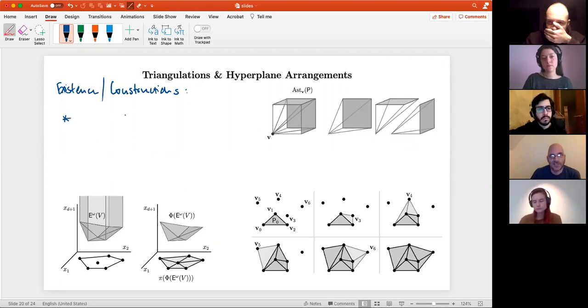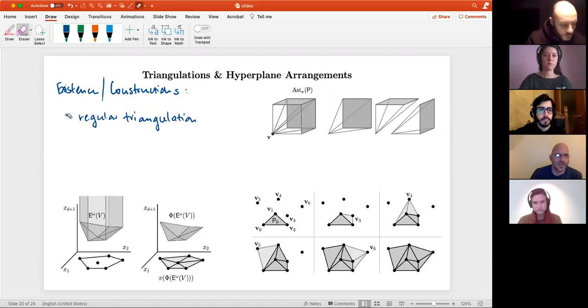The nicest type of triangulation is a regular triangulation, or regular subdivision. That's the same thing. So maybe I call this number 1. This is pictured over here.